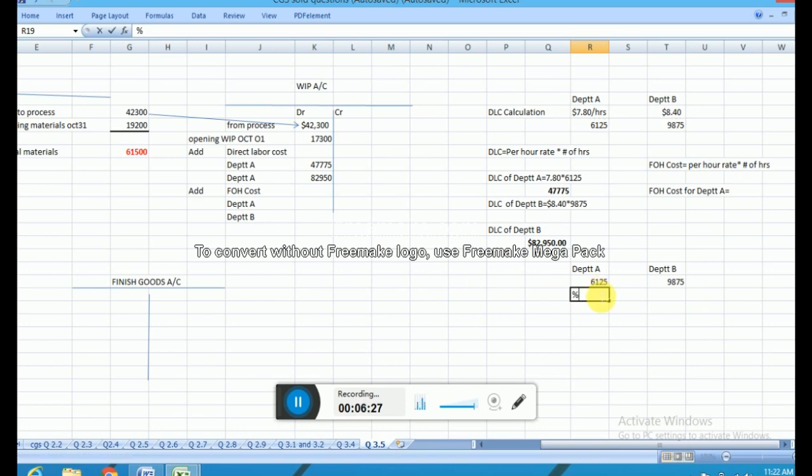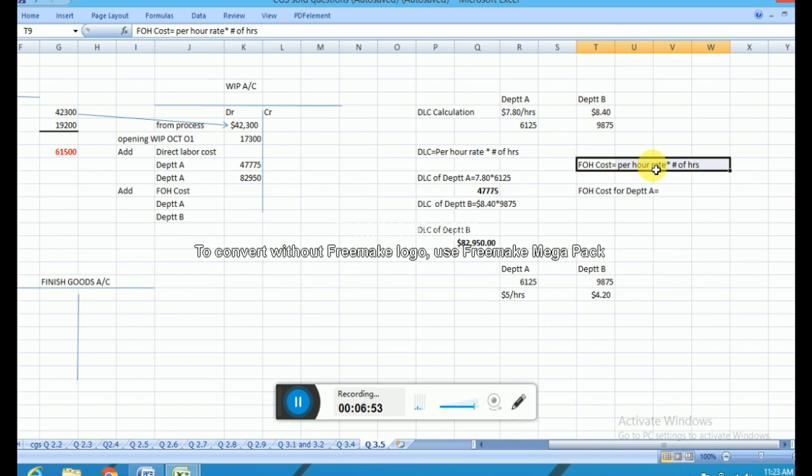Okay, this is $5 per hour, and for department B it is $4.20. Look at now. As we know, the formula is per hour rate multiplied by number of hours.